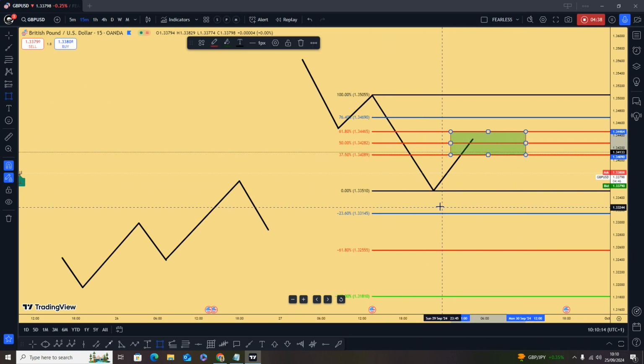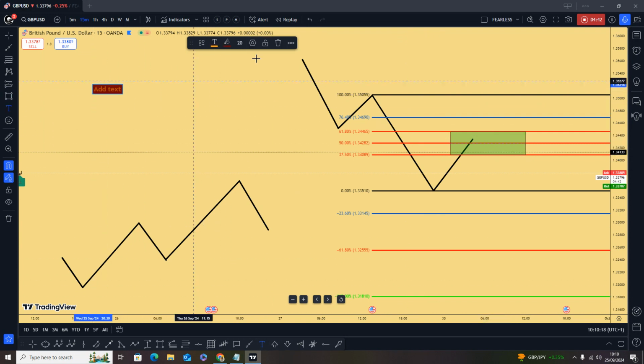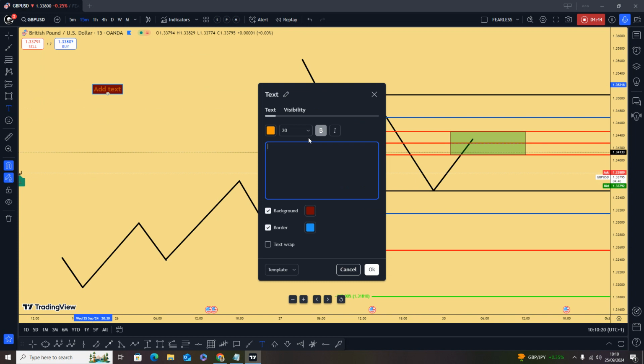The first thing you have to do, and I'm going to type on this chart, this is what we do. The number one thing is identify the trend. That's the first thing you do. Then if it's an uptrend, we draw from low to high.